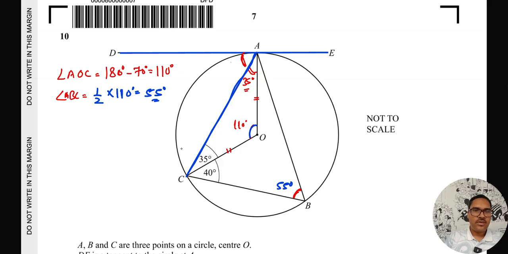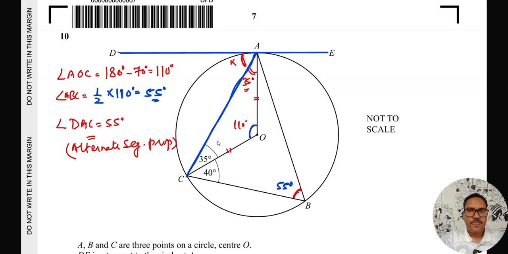So if you apply the alternate segment property, I can directly say angle DAC will be equal to 55 degrees. This angle and this angle will be the same by the alternate segment property.